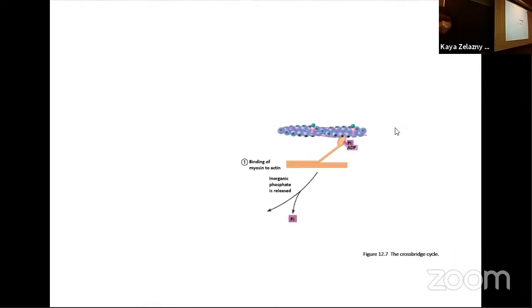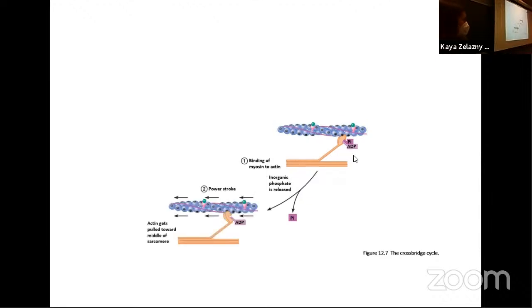The next thing that happens is we release this little phosphate ion from this site on the head of the myosin. And that leads us into our first kind of movement. As that phosphate ion detaches and falls away, because proteins work by changing their shape when they're in contact with different molecules, releasing that phosphate ion changes the shape of the myosin head.